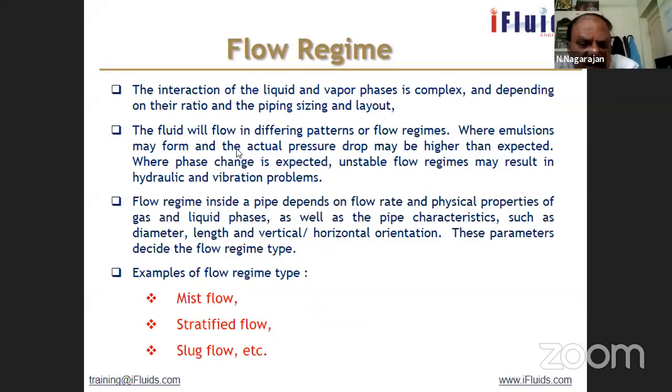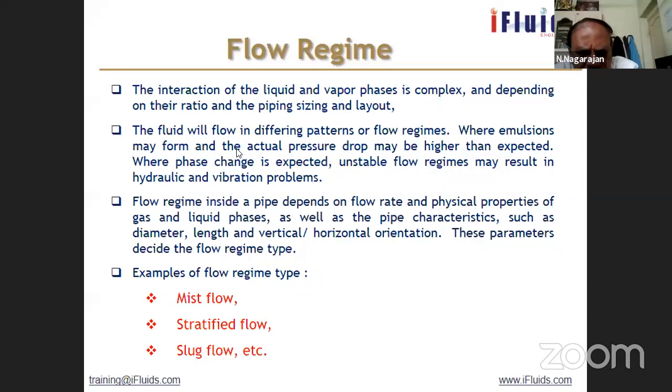A complete understanding is still developing, but we have correlations to find out what the flow regime is. Different patterns exist in flow regimes. Emulsions may form, or the pressure drop may be higher than expected. Where phase change is expected, unstable flow regimes may result. A lot of complicated things can happen when there is a mixed flow in the pipe.